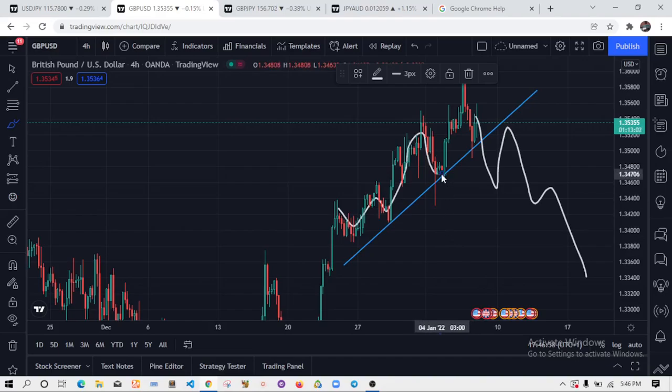So how do we know? What else can we apply? What do we need to put here to know when the price is not going to break out, when the price is going to obey our trend line, like what happened here? You want to follow the trend and make sure the price is not breaking out of the trend line when we enter our trade.